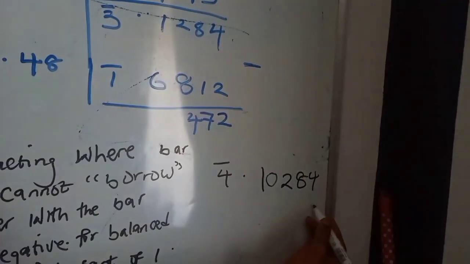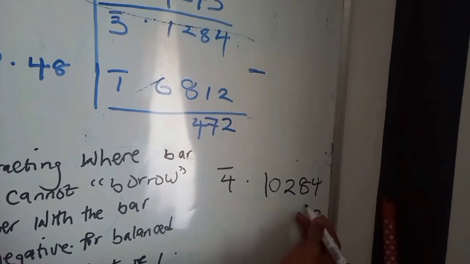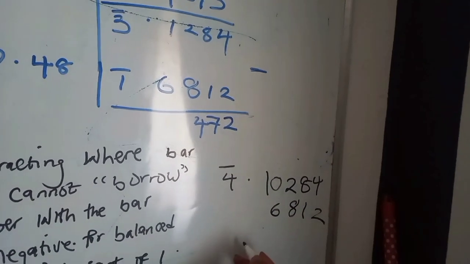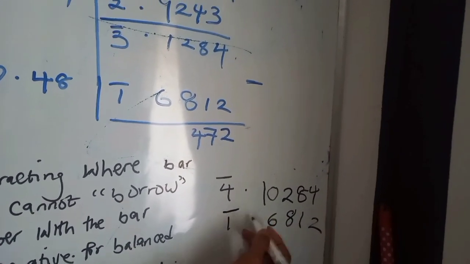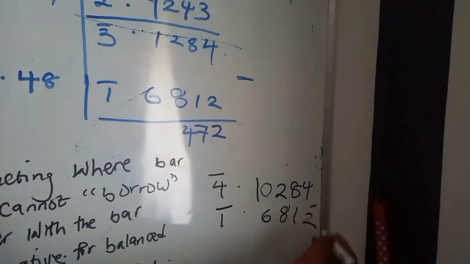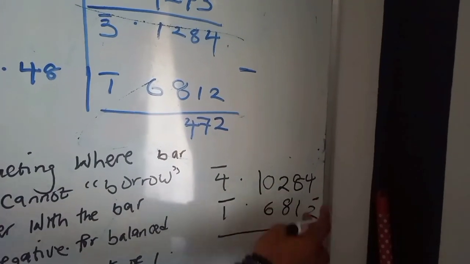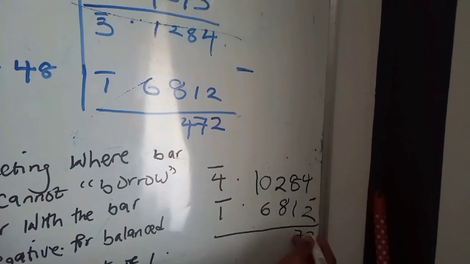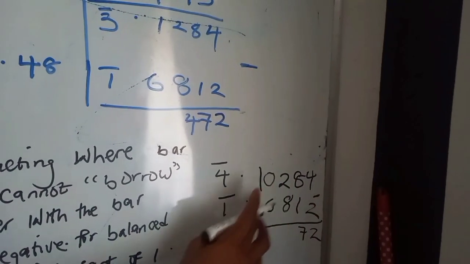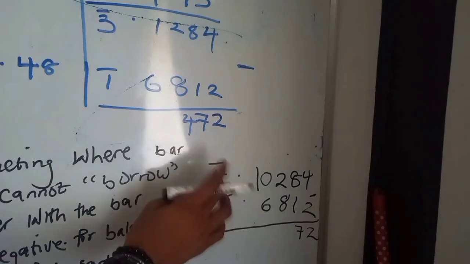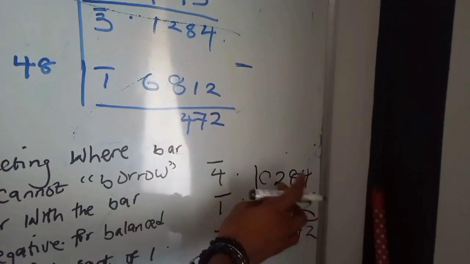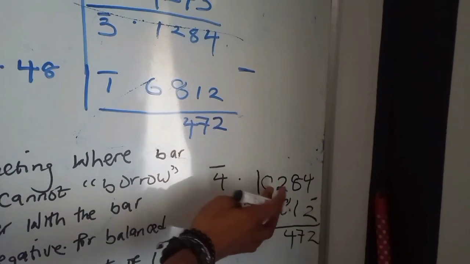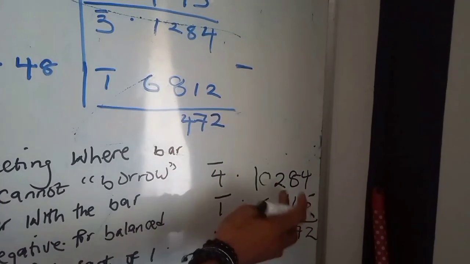So we have 2, 1, 8, and 6 bar 1. Put a minus sign here. 4 minus 2 is 2. 8 minus 1 is 7. 2 minus 8 is not possible, so I've already put 1 from here and added. 12 minus 8 is 4.